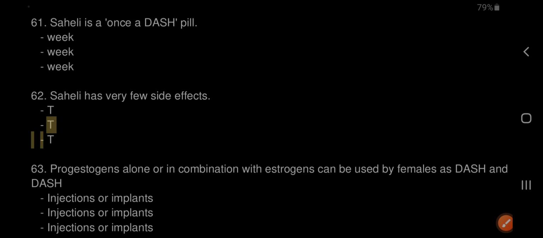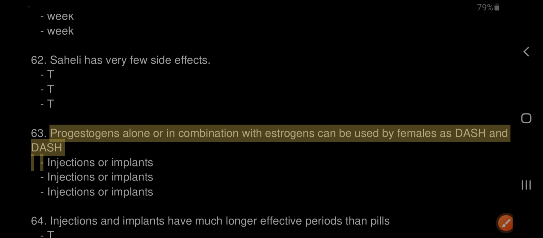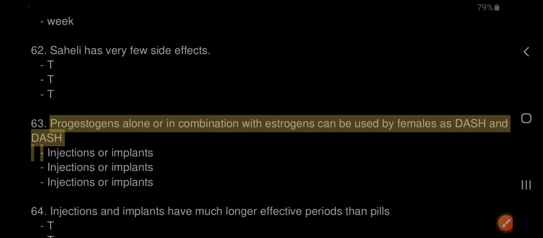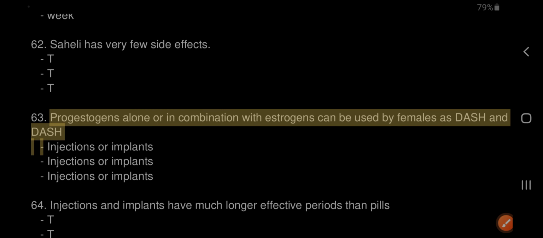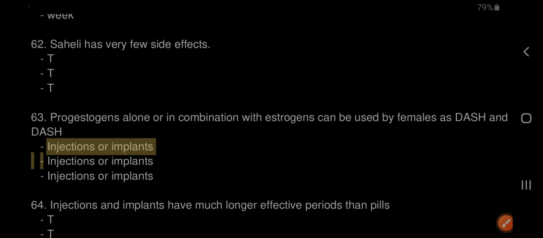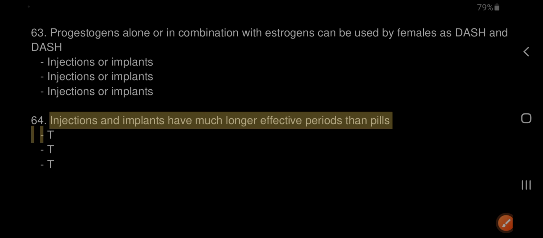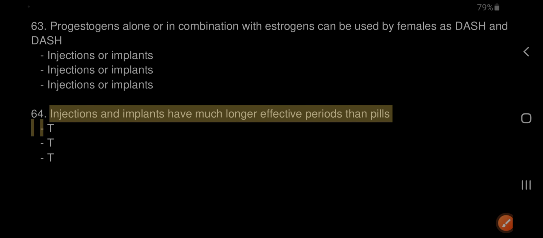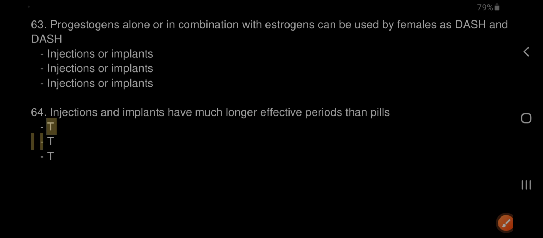63. Progestogens alone or in combination with estrogens can be used by females as injections or implants. 64. Injections and implants have much longer effective periods than pills. True. 65. Emergency pregnancies can be prevented by 3 ways administered within how many hours of coitus?